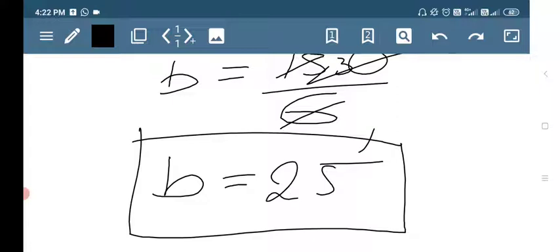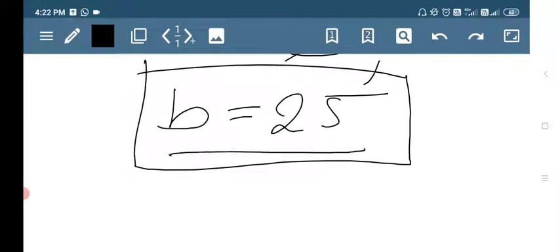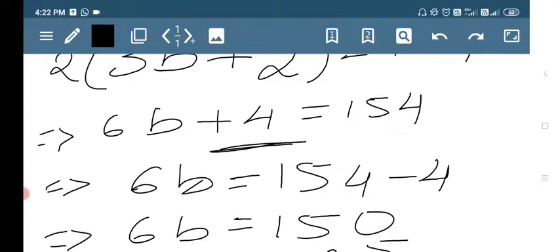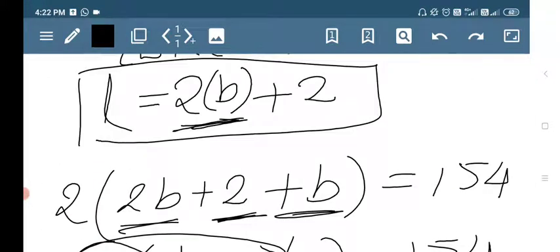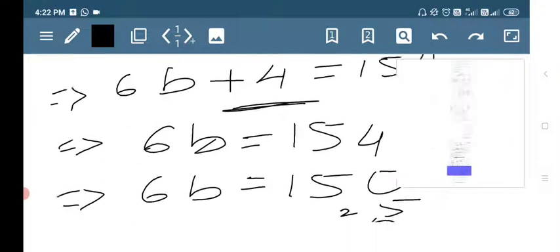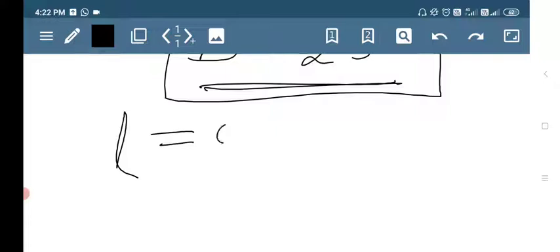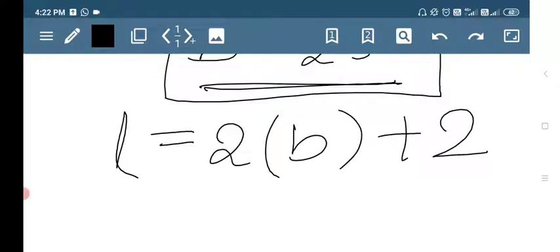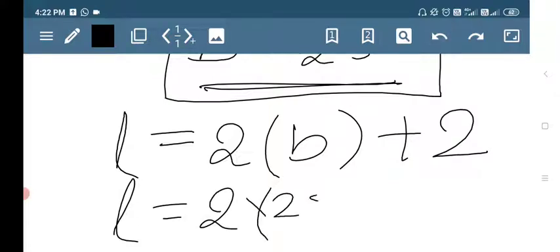What is the length and the breadth? We got b is equal to 25. Now let us find the length. L is equal to 2b plus 2. So L is equal to 2 into b, what is the value of b, 25, plus 2.